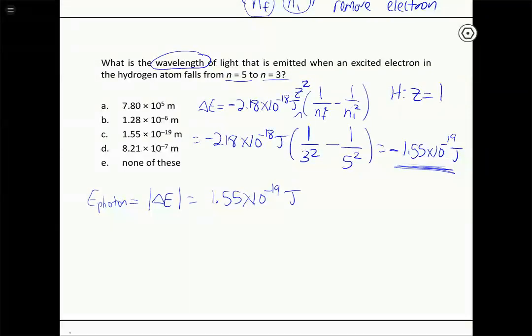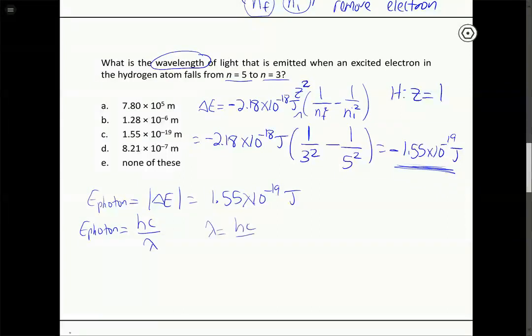So that's the energy of the photon, and this is going to equal hc over lambda, one of the two equations we have for the energy of a photon. So what we're going to do is just solve for lambda. Lambda is equal to hc divided by the energy of the photon.